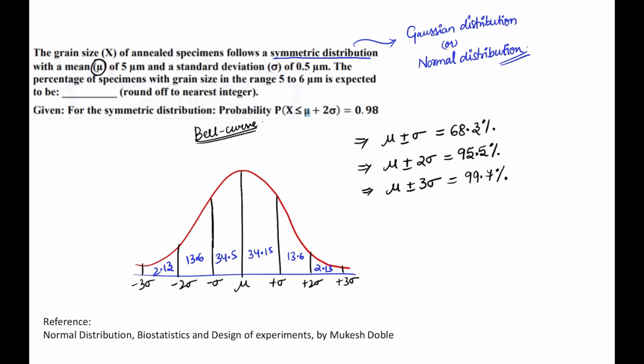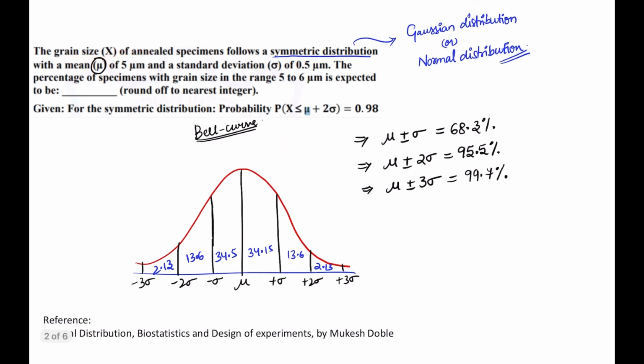Now coming back to the question. Here you have an annealed sample, and the grain size of the annealed sample follows this normal or symmetric distribution. Mu is 5 micrometer and sigma, the standard deviation, is 0.5 micrometer.